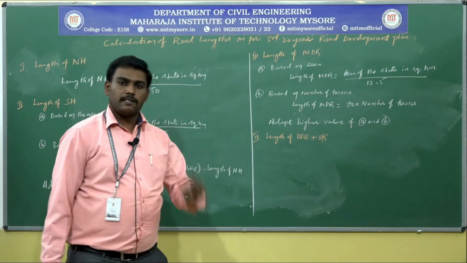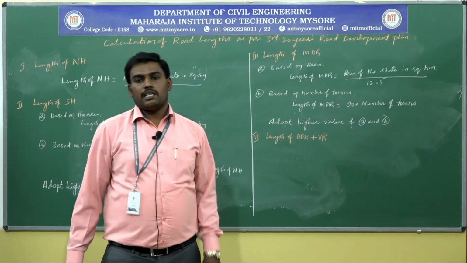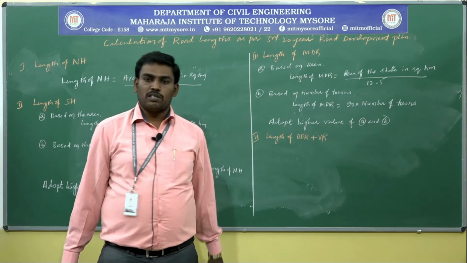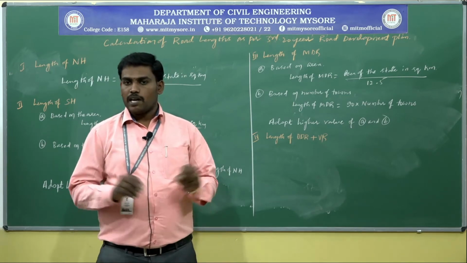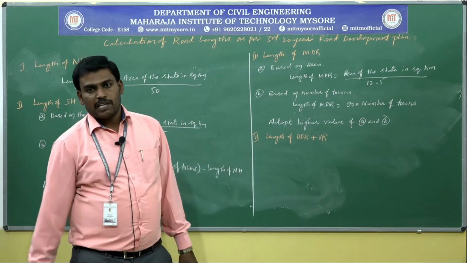This is for normal cases. If hilly areas are mentioned in your problem, then it is 40 km per 100 square kilometer of area. So if not given, you have to take 82 km per 100 square kilometer area.